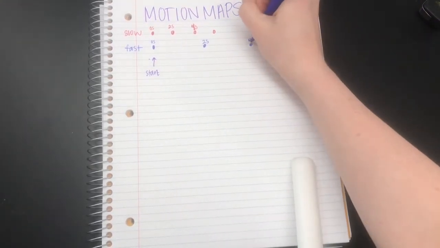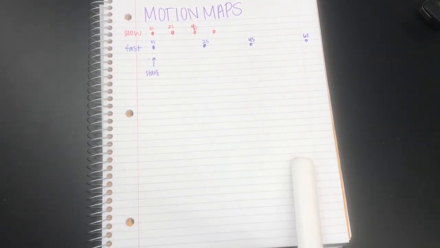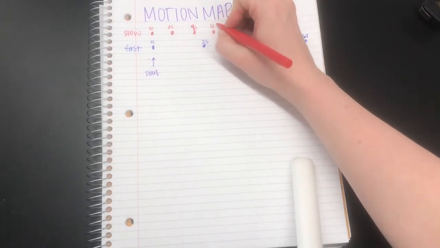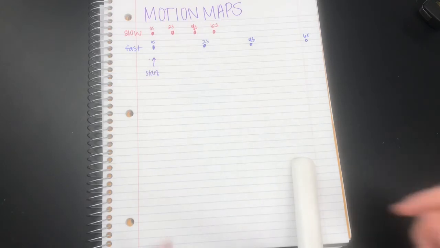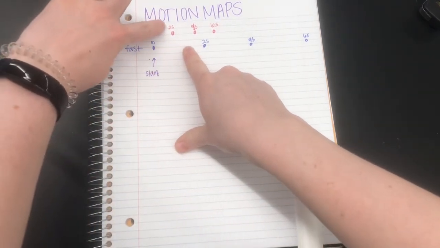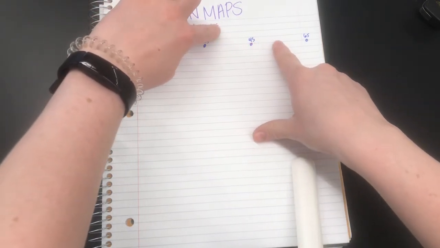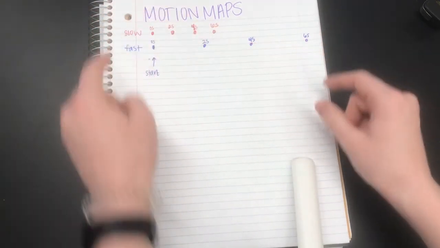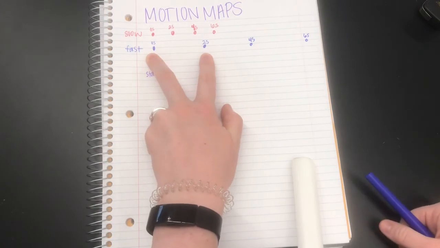This was 4 seconds. This was 6 seconds, because there was another 2 seconds. And then this one was 6 seconds. So when we think about in terms of time, 0 seconds, 1 second, 2 seconds, 3 seconds, 4 seconds, 5 seconds, 6 seconds. So these 2 objects are moving at different speeds, which is reflected by this distance.